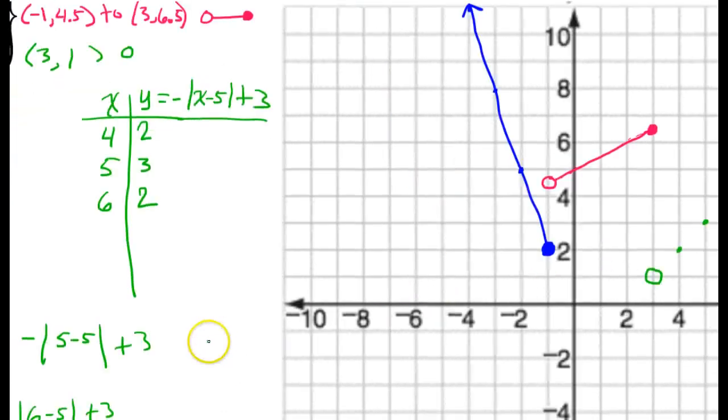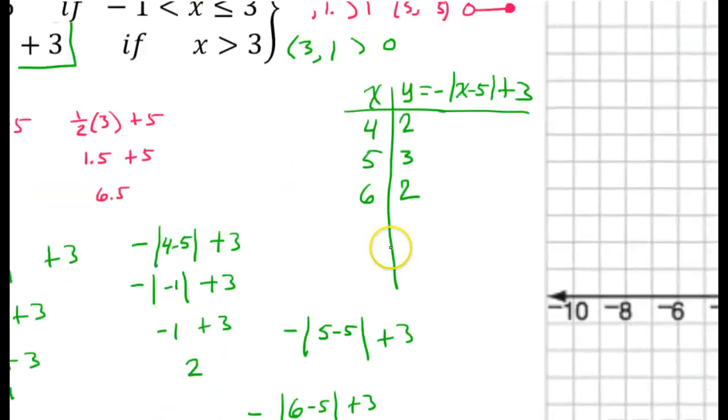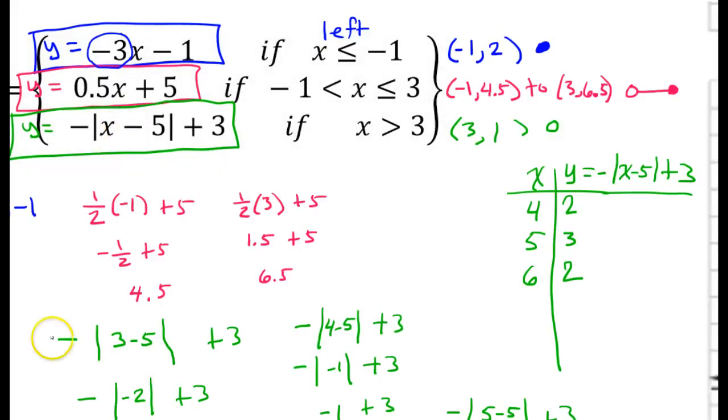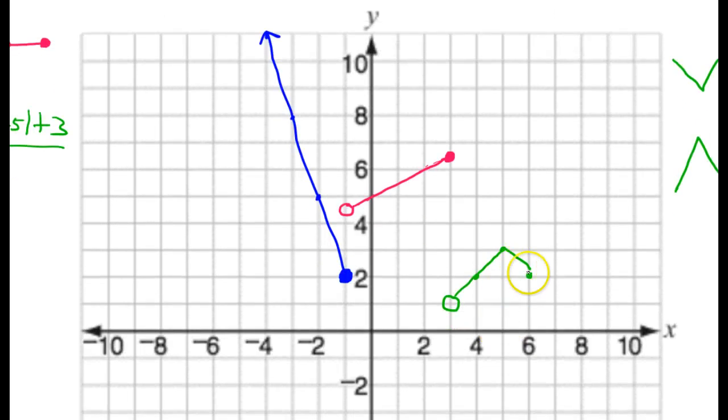Okay, so look, absolute value functions make V shapes. If they are positive, it makes an upward facing V like this. If they are negative, it makes a downward facing V like this. This one was negative, so it will make a downward facing V. So you can see what's happening here. This is the vertex of the absolute value function.